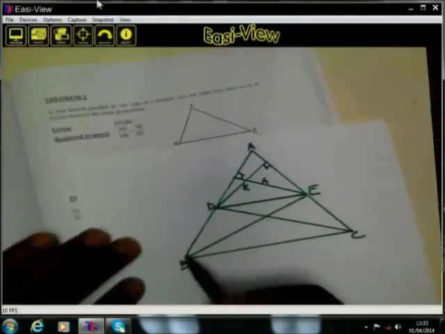But now, due to constructions, we have additional triangles. The triangles I've constructed for my proof are triangle BDE and triangle CED.